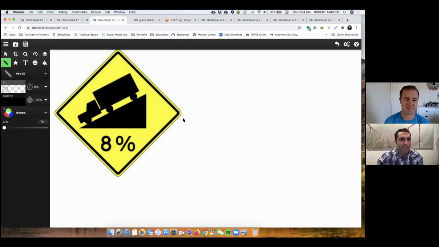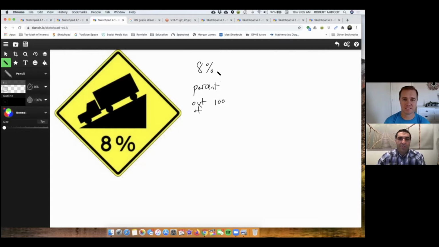So it's a big deal to understand this concept of steepness. I saw this sign every day going to and from school, so we could talk about what it means. 8%, literally percent. In case people don't know, per means out of, and cent, like a century or cents of a dollar, is 100.